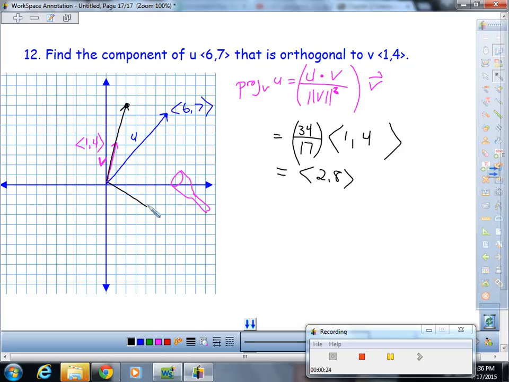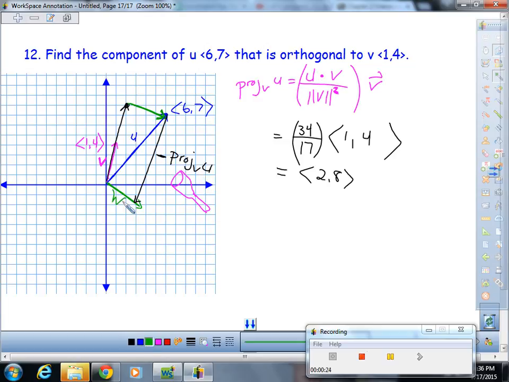Well, let's use a different color. Notice that's that. So another way to find this green vector would be to take U and subtract the projection of U onto V. We called this green vector W in our notes.